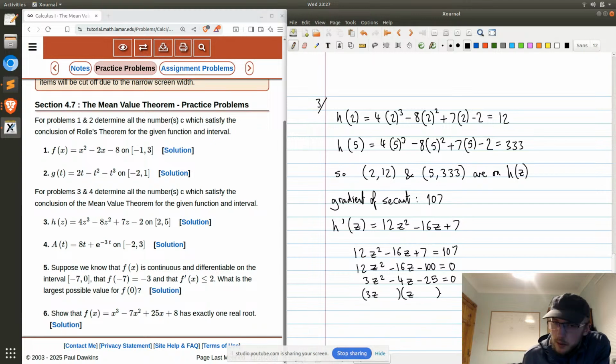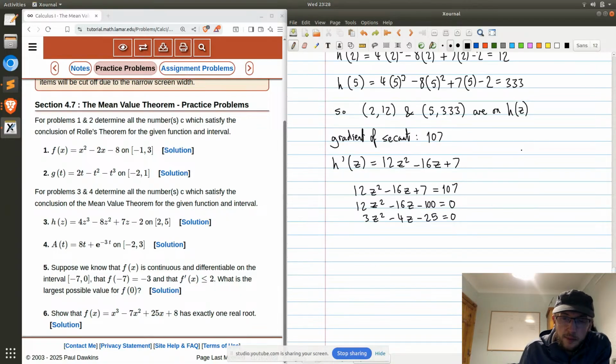Can it be factored? Don't know. B squared is 16. 4ac, that's 75 times 4, which is 300. 316, so it can't.